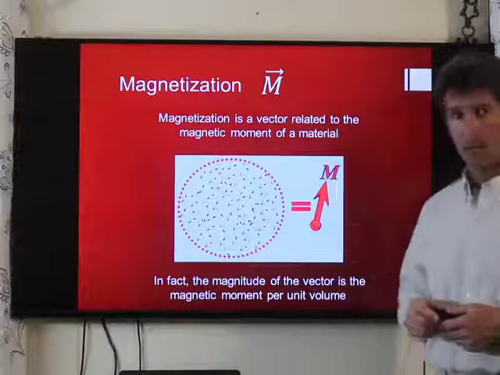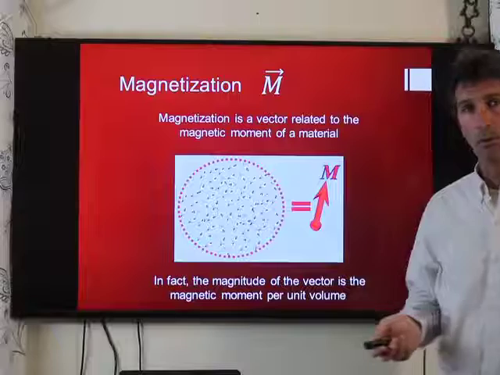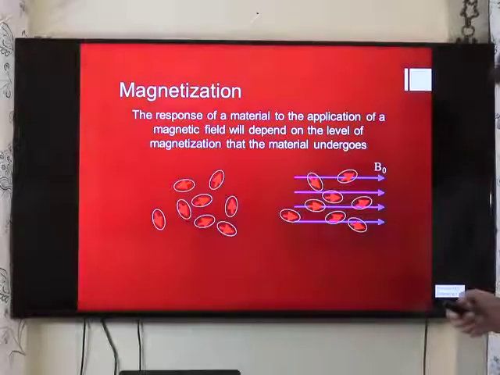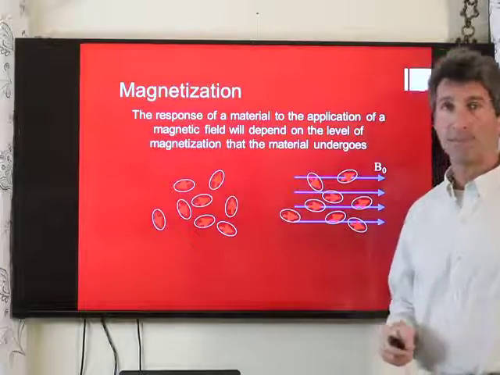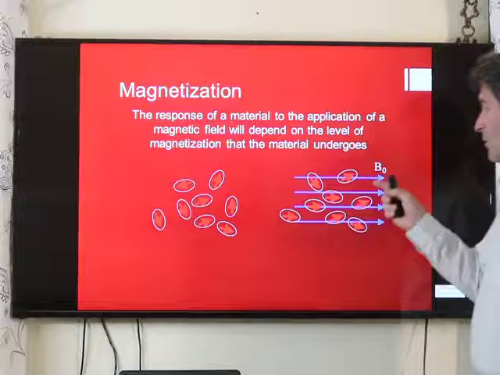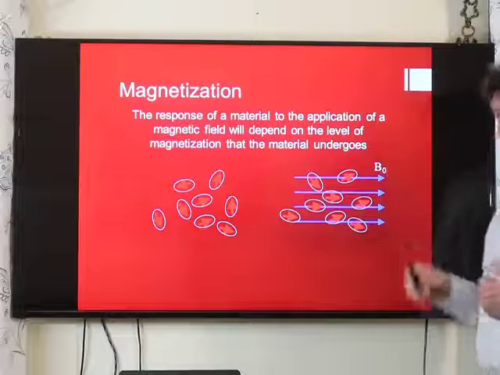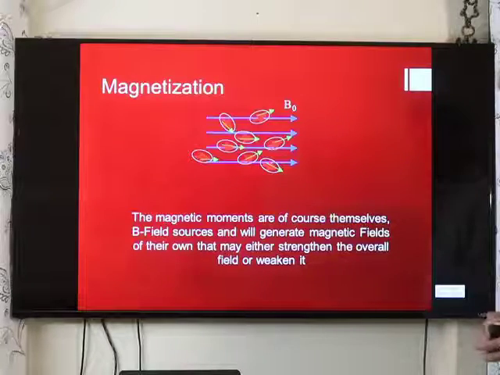But as they line up with a magnetic field more and more, the contribution to the total magnetic field, the magnetization, becomes larger and larger. Without a magnetic field, domains tend not to be aligned. They tend to align with this external magnetic field and enhance the local magnetic field there.